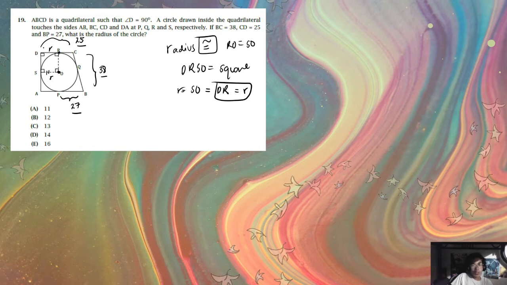And since we know that DC is 25, RC must be equal to DC, the entire side measurement, minus DR. So RC should be equal to 25 minus DR, which is just the radius.